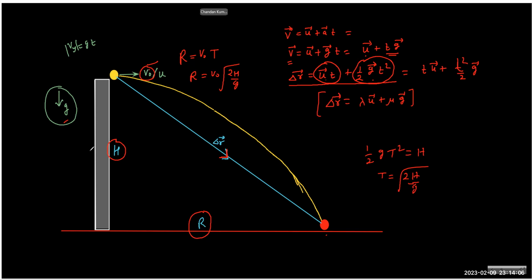And then I suddenly bring some sort of wind, the sea breeze, the land breeze, whatever. Say this land breeze creates one additional horizontal acceleration A naught. Now, will this affect this answer? No, because who has brought me down? It is still gravity. But who has taken me forward?